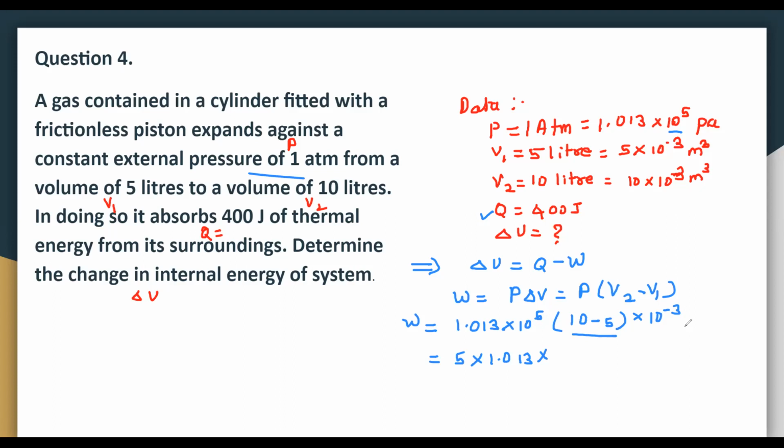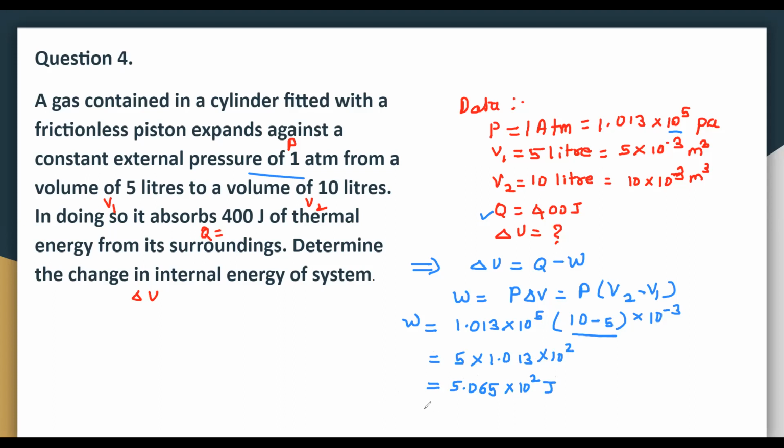So 10 raised to 5 into 10 raised to minus 3, that is 10 raised to 2. Now, this is simple multiplication. 5 into 1.013, when we multiply, we'll get the answer 5.065 into 10 raised to 2 joule. So this is work done which we have got.